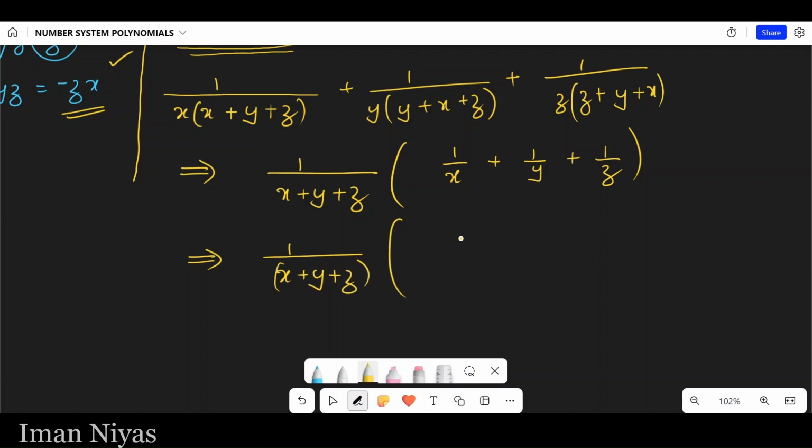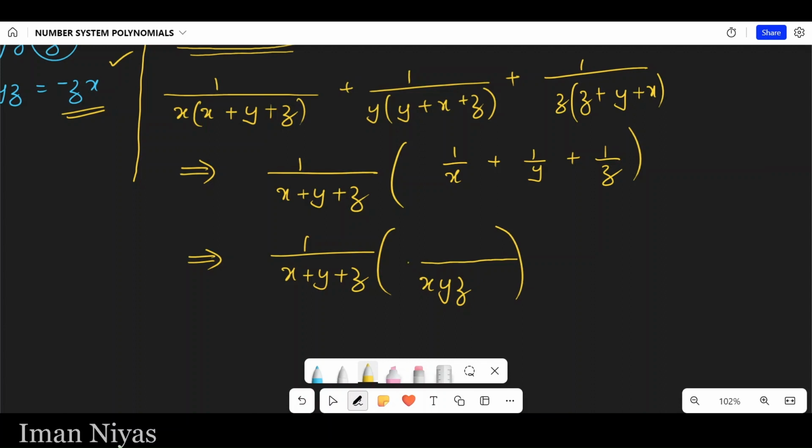Inside the bracket, what will be the LCM of 1 by x plus 1 by y plus 1 by z? The LCM will be xyz, right? For the first one, 1 by x into xyz by xyz, what you will get is yz. Plus, here also, zx plus yx.